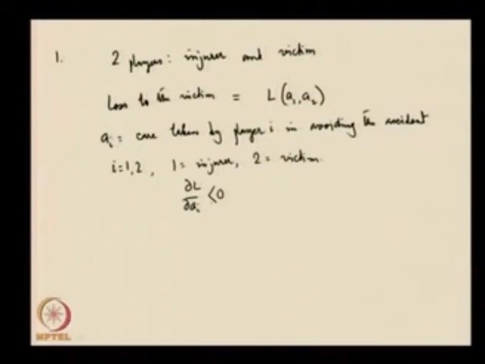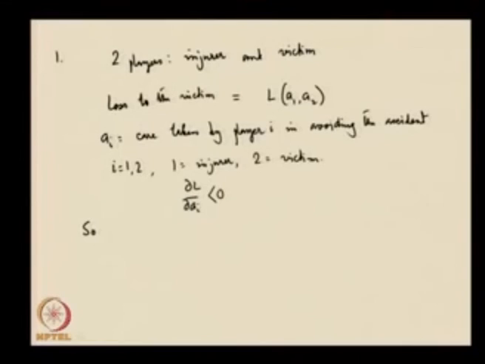We can interpret it in another way also: the more care you take to avoid the accident, the probability of the accident occurring declines, and so the expected loss from the accident declines. So, in terms of expected value also, this can be interpreted.